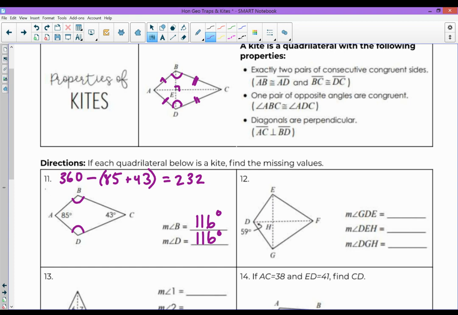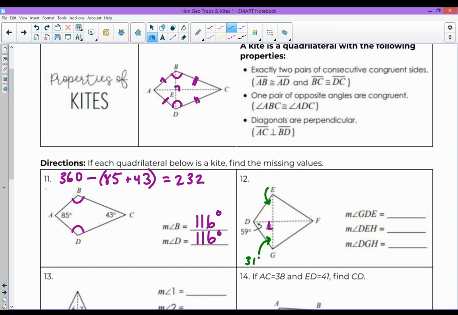Fun. So we know that the diagonals are perpendicular, so that gives us a little triangle. So what we can do with that is figure out the measure of this little missing angle. 90 minus 59 is 31. So this little angle here is going to be 31 degrees.